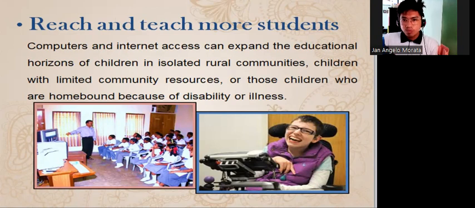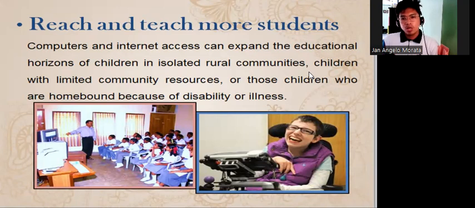So, lalo sa sinabi dito, internet access can expand the educational horizons of children in isolated rural communities, kagaya ng mga nasa probinsya, di ba? Kahit because of online education, kahit nasa malayo ka man, you can have the quality education. With limited community resources such as the school supplies, may mga kulang, because of computer, we can provide that. We can sustain that.